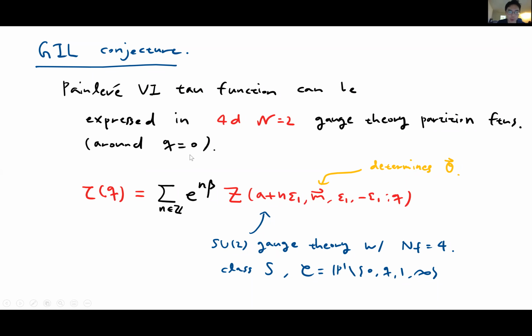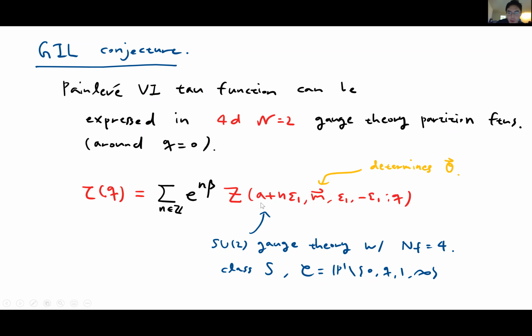So what is the equation? The equation is: tau of q equals some infinite sum over integers, and what is summed over is the partition function Z of the 4D N=2 gauge theory.